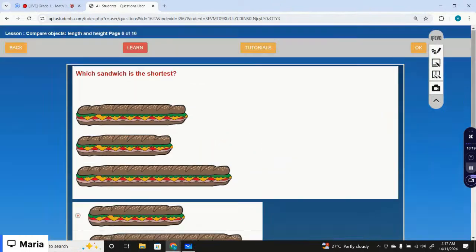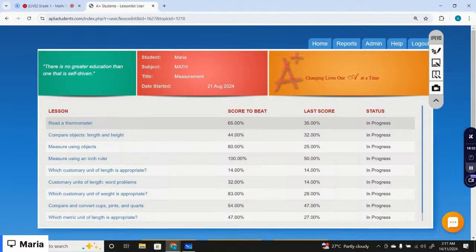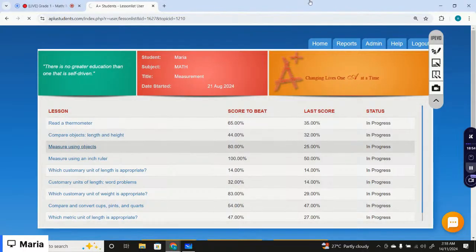Okay, you can complete the lesson by yourself later today. Let's just move on to the next lesson. The next lesson is measure using objects.